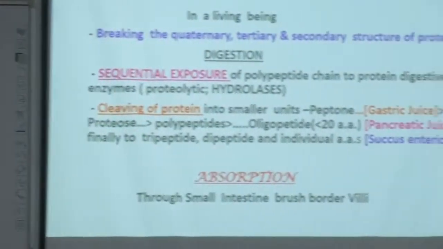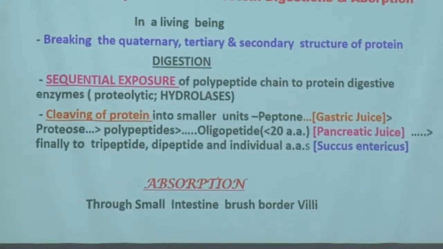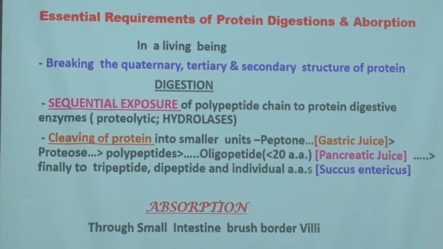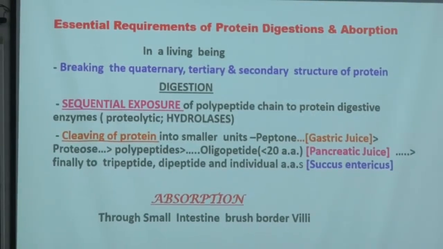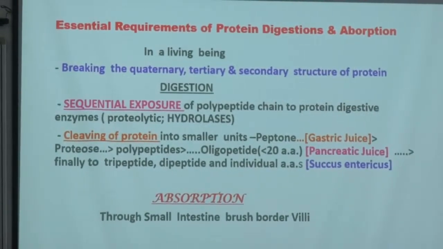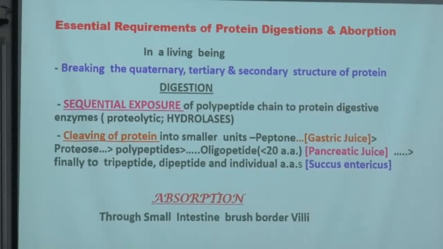So, cleaving of proteins into smaller units up to the peptone level. Proteins are cleaved and broken down into smaller fragments, and that part remains within the stomach, and then the stomach propels that food into the duodenum.